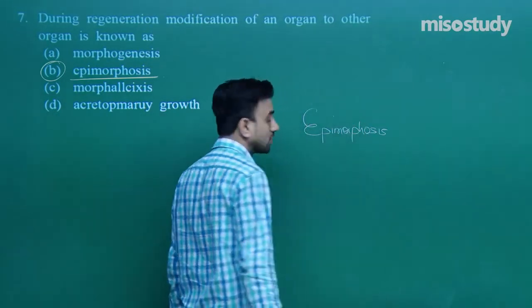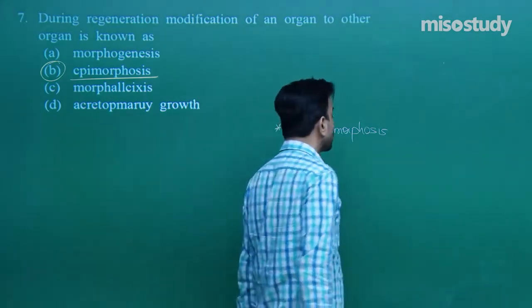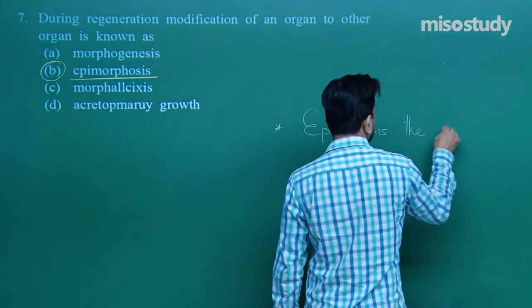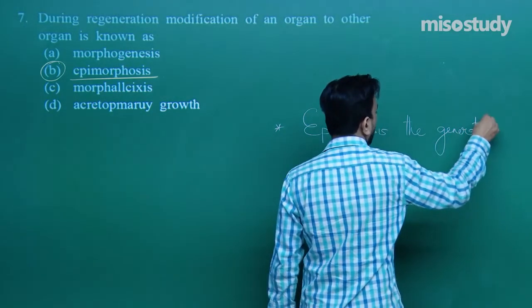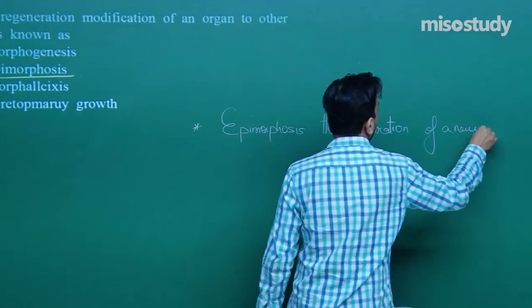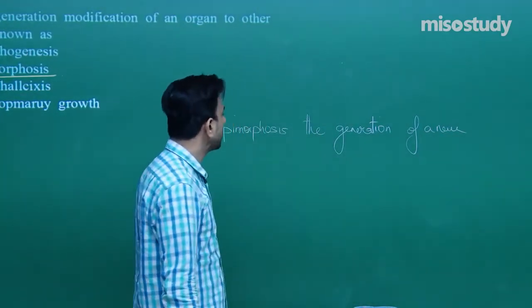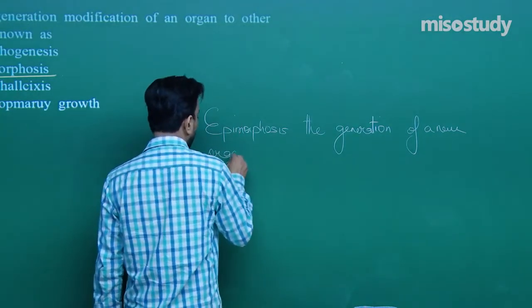This is the seventh question we are doing. Epimorphosis is the generation of a new organ.